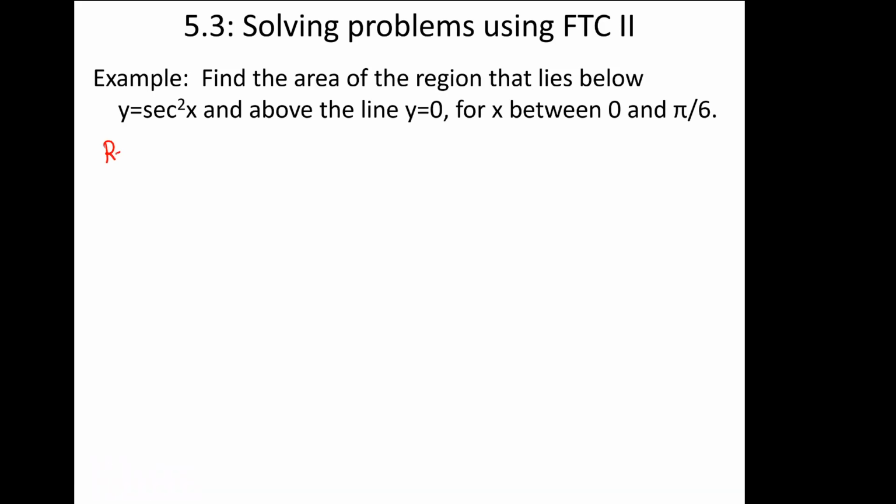So recall from 5.2 that the area is going to be given by the integral from a to b of f of x dx. So the integral from 0 to pi over 6, the function is secant squared.